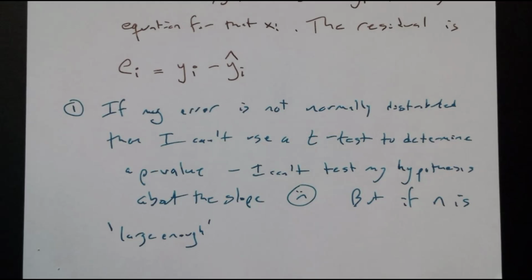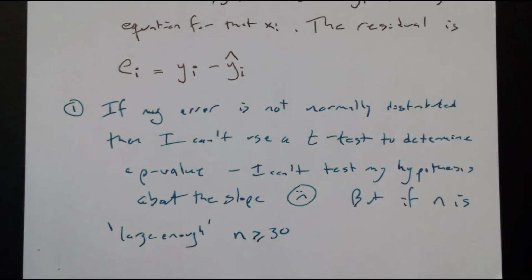Like 30? That was my number. It was 30. If I have more than 30, I should be okay. So large enough means more than 30, or maybe just that 30.